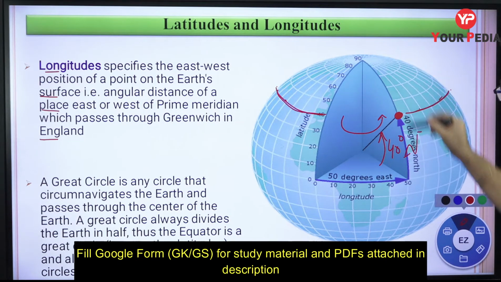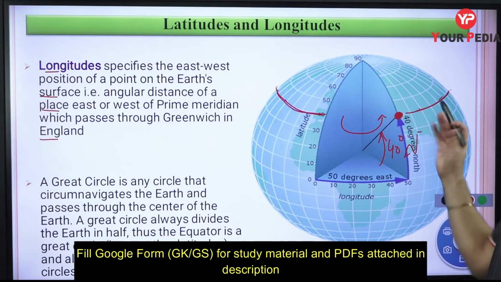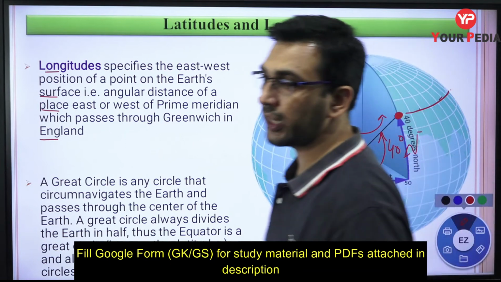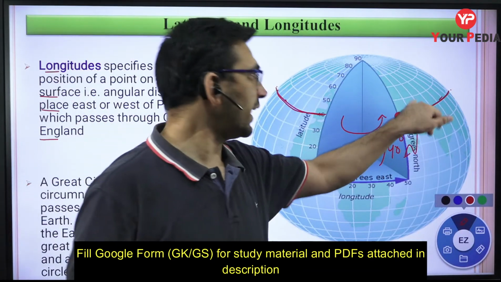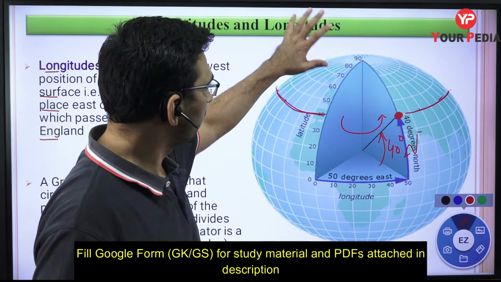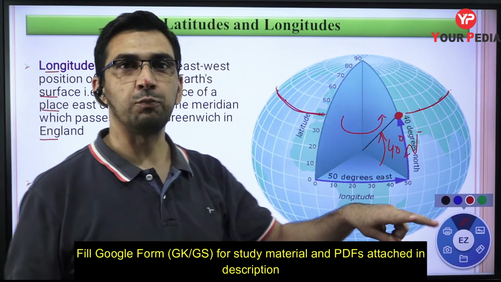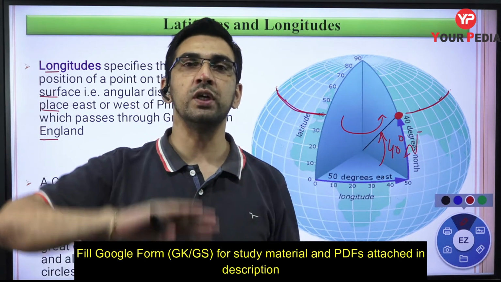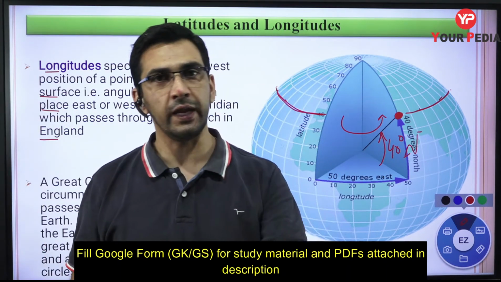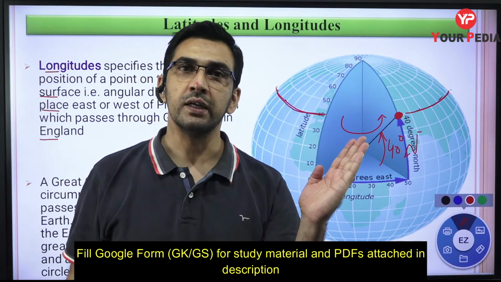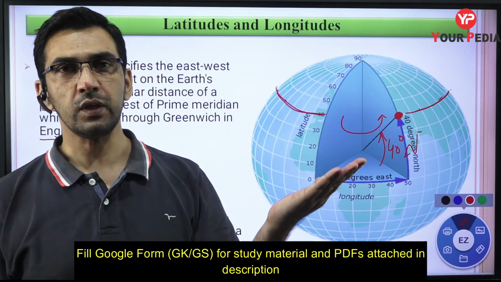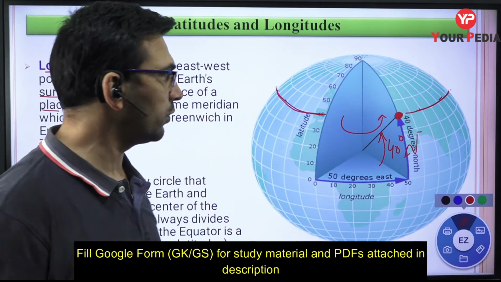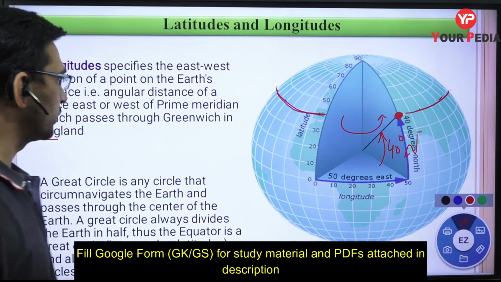Then obviously wherever these two cut, 50 degree east and 40 degree north, I can locate you very precisely, that this is where you are located. So on the surface of the earth you can locate any point with the help of latitudes and longitudes, because latitudes tell you the north and south position from the equator, and longitudes will tell you the east or west position from the prime meridian. And if you know that, then any particular point on the surface of the earth can be located with the help of these two parameters.